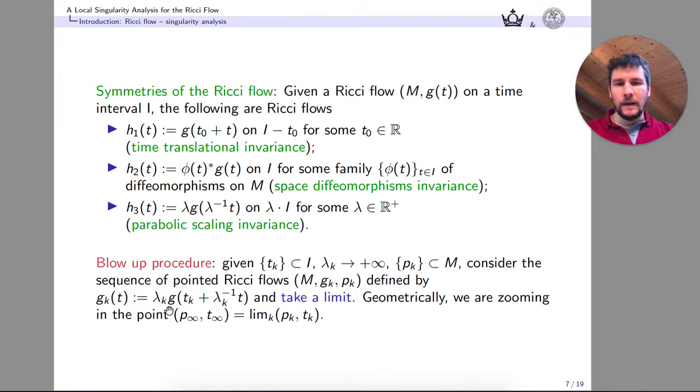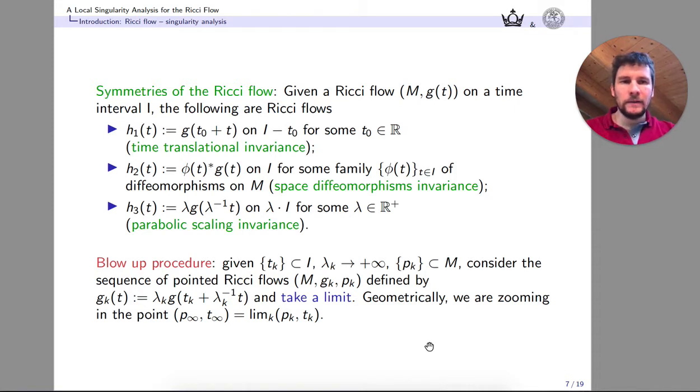So we blow up the metric and we divide by lambda k to get a slower time evolution in a certain sense. And then we try to take a limit of that.